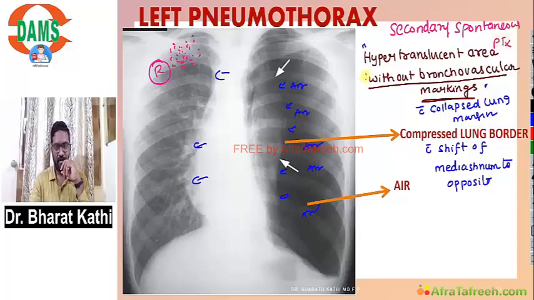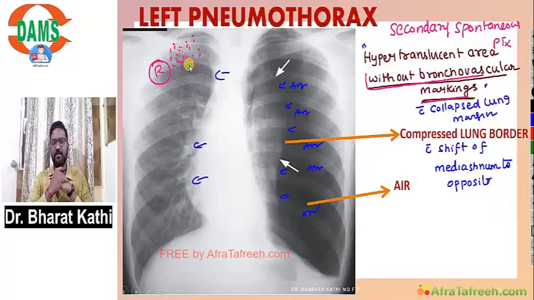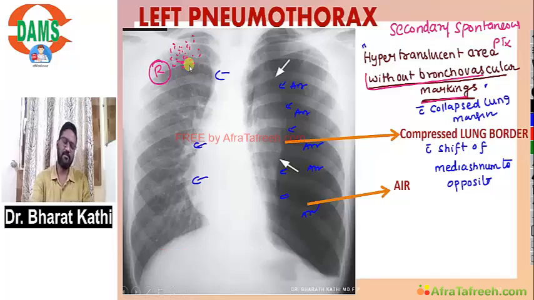So he was particular about without bronchovascular markings. Then he corrected himself and said left-sided pneumothorax. No, it's not the right answer. I want the complete answer. Then he was unable to answer. See, you are seeing a disease on the right. So is it due to trauma? No, it might not be due to trauma. So it is due to a disease. So it is a secondary spontaneous pneumothorax.